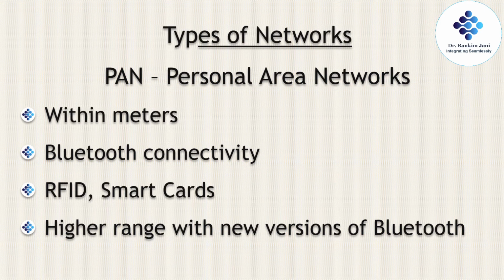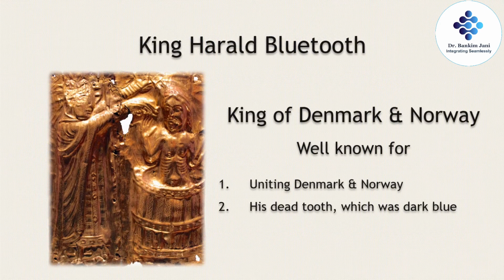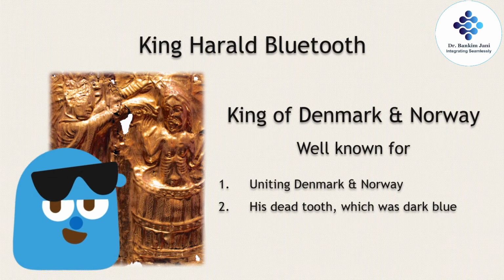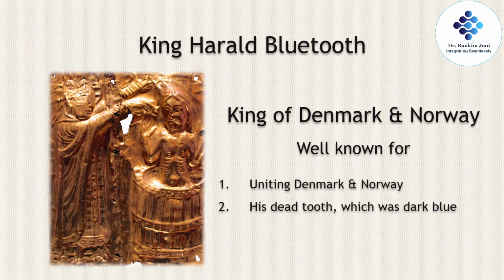By the way, ever curious to know from where the word Bluetooth came? Well, he was Harald Bluetooth. He was the king of Denmark and Norway. Now King Harald Bluetooth was well known for two things: uniting Denmark and Norway, and his dead tooth, which was dark blue, that earned him the nickname Bluetooth.